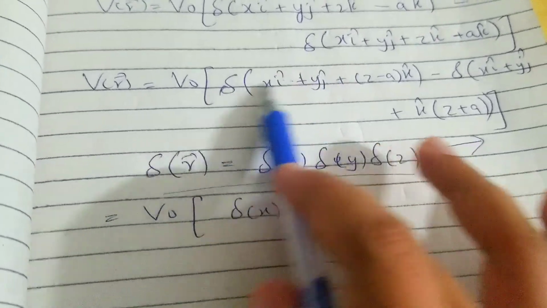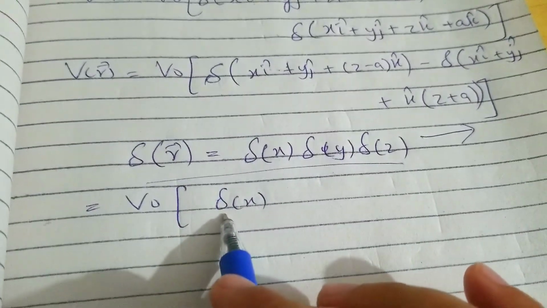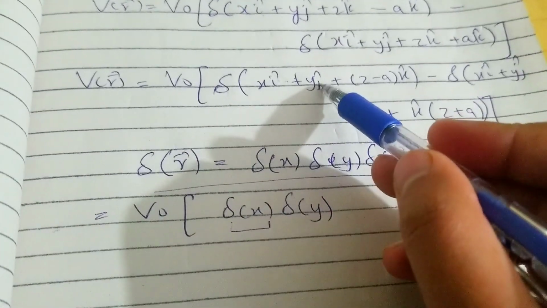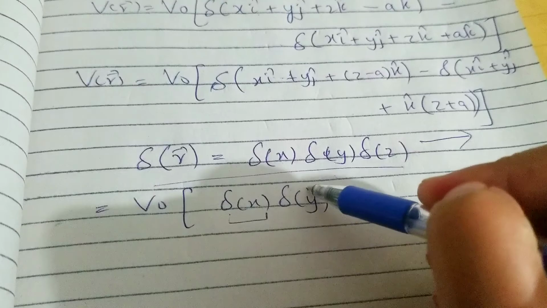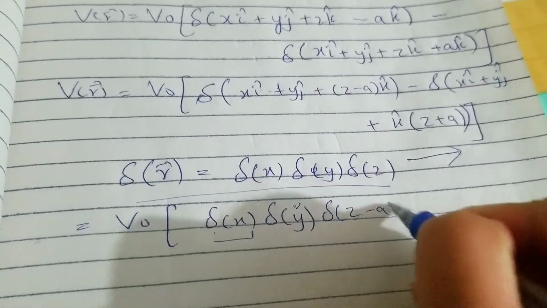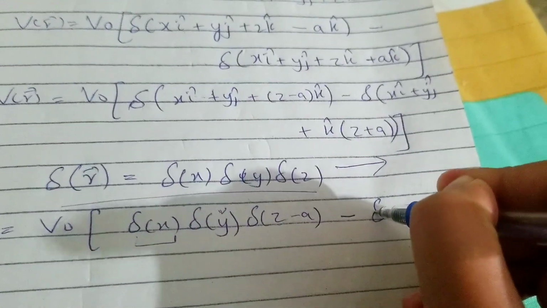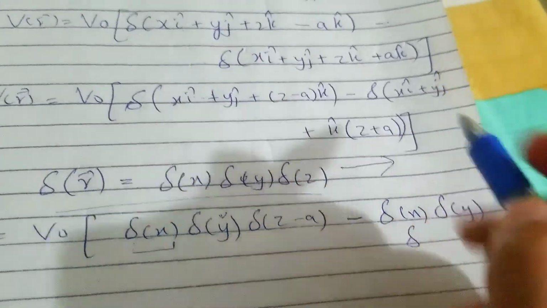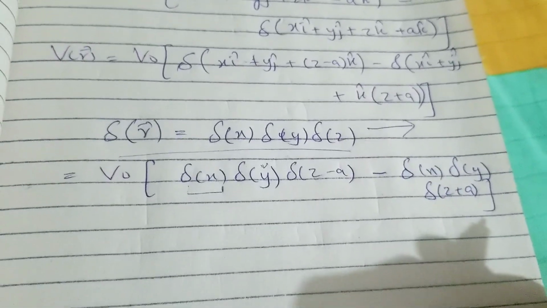We'll separate the delta function into its components in the different x, y, z coordinates. Then the coefficient of the j vector is y, that is why I wrote y here, and the coefficient of the k vector is z minus a, that is why I will write z minus a right there with a negative sign, and then delta x as it is, delta of y, then delta of z plus a, because the coefficient of the k vector is z plus a right there.